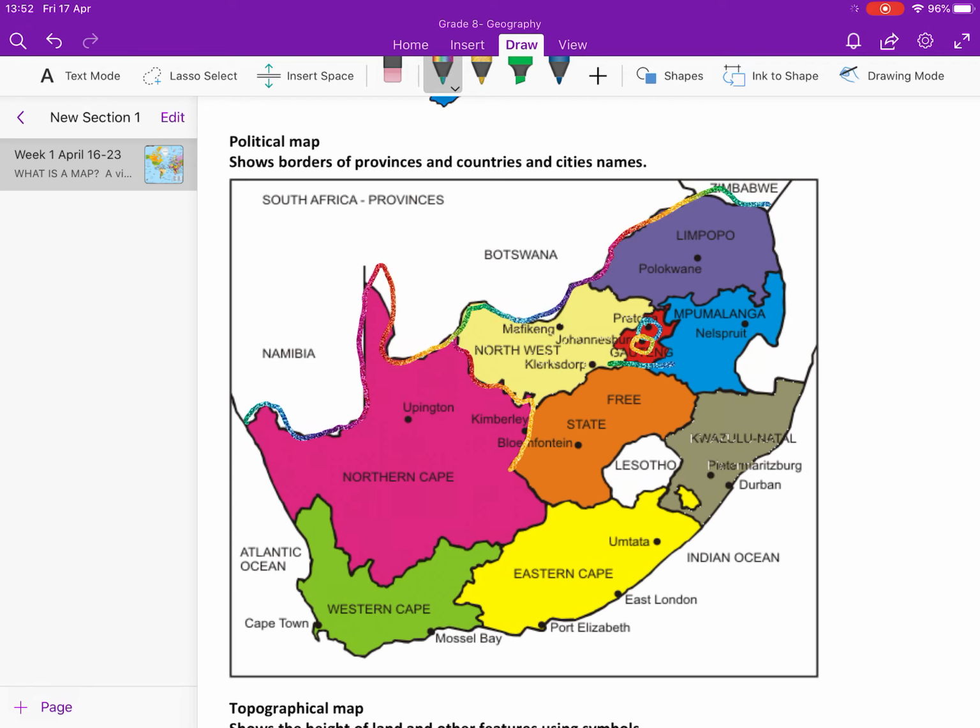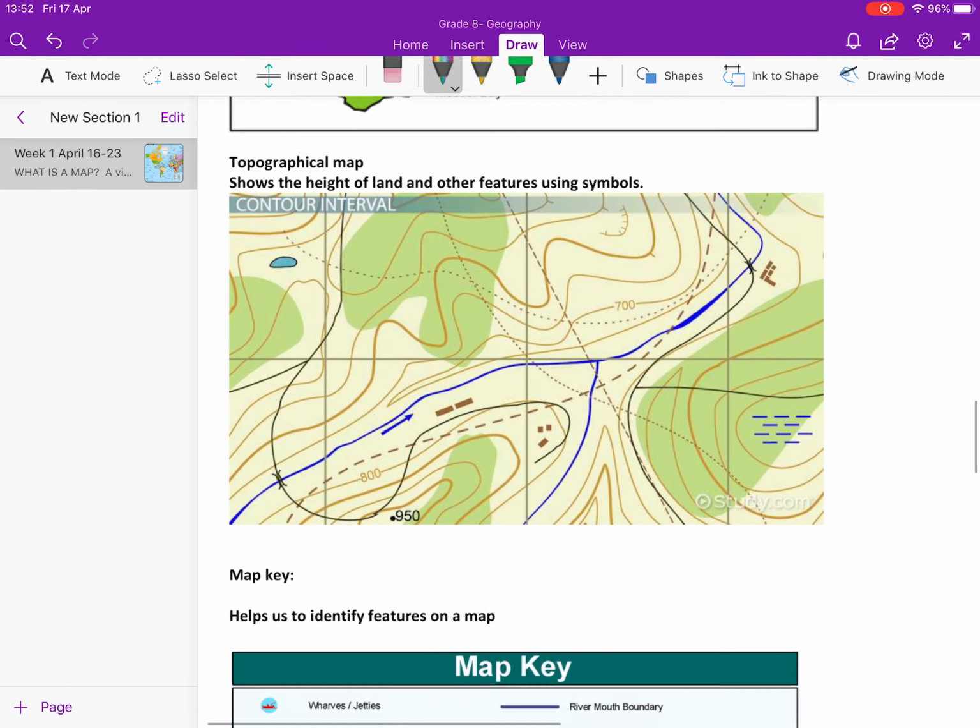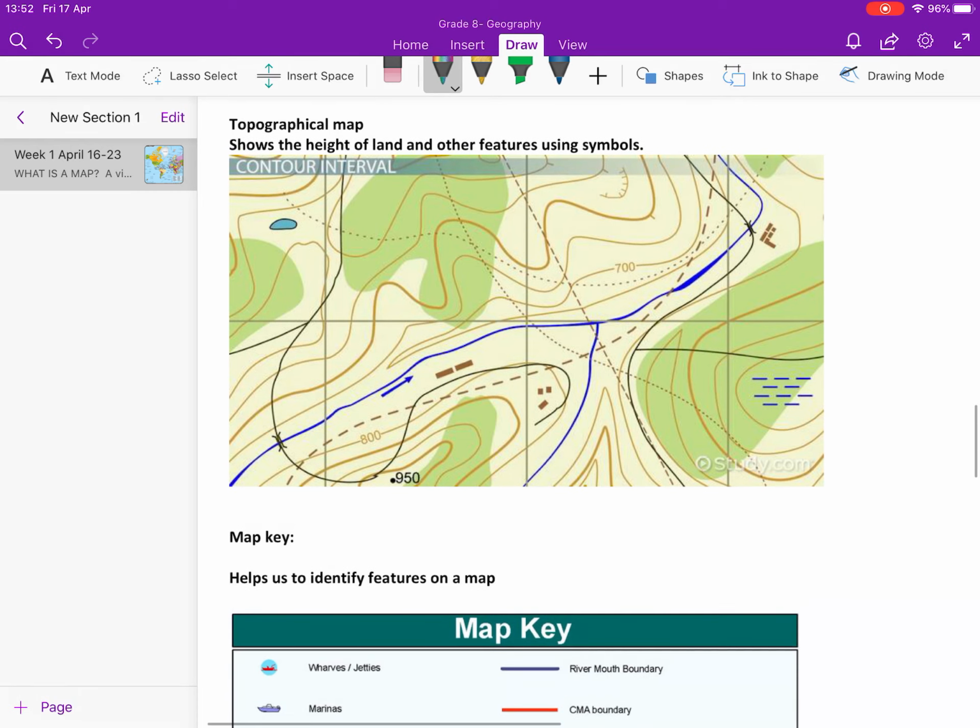Okay, so it's important for you to know what the different types of maps look like. The last type of map, and this is a very important map we're going to work with when doing map work, is called the topographical map. A topographical map shows us the height of land, or the height above sea level, and other features using symbols.